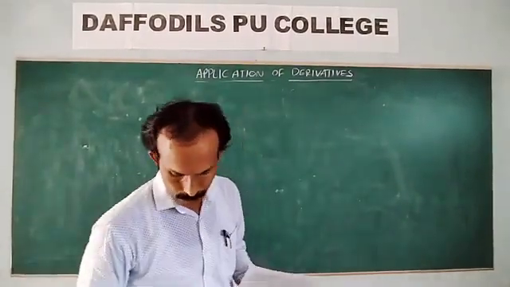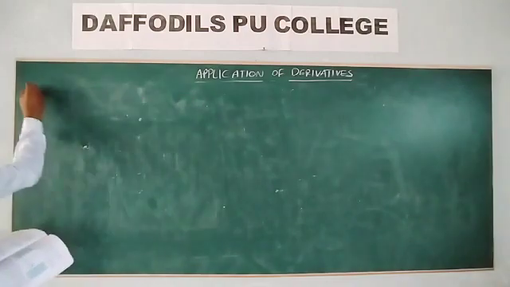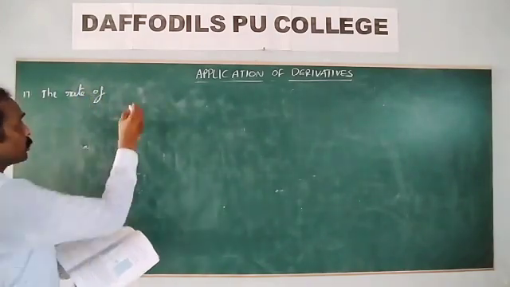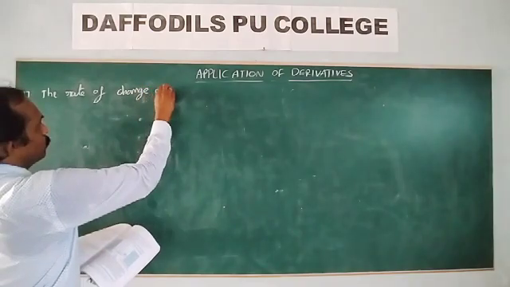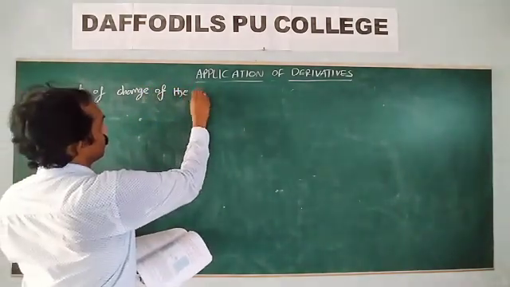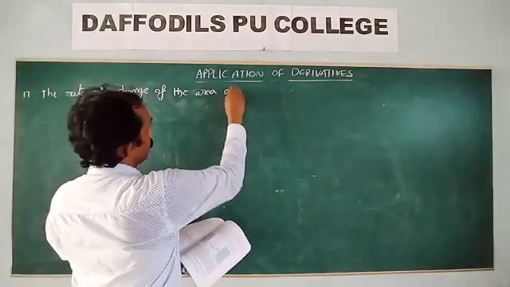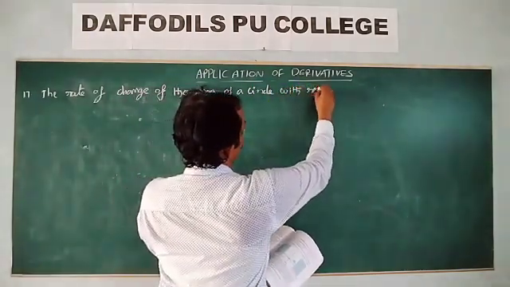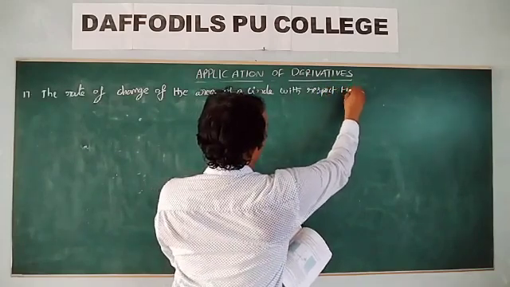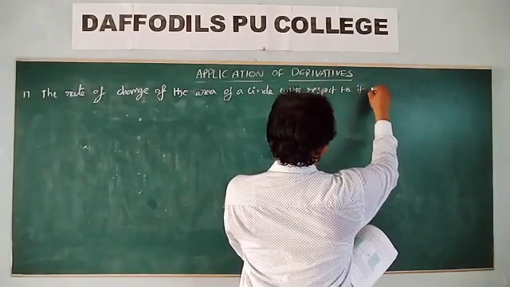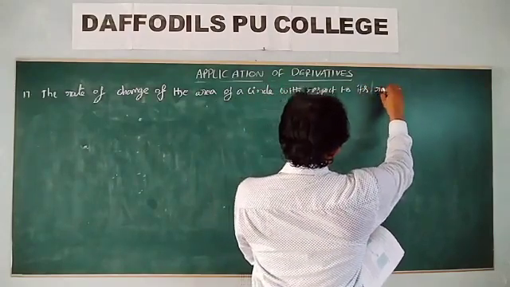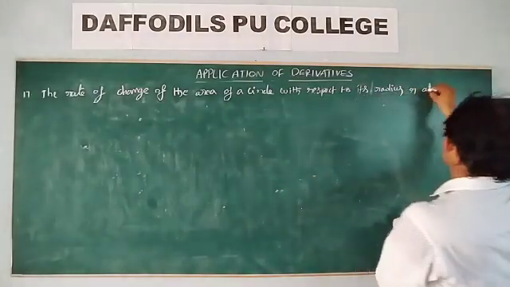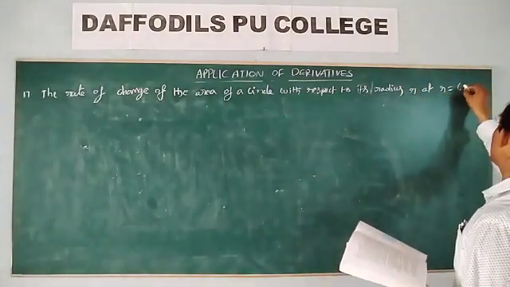Next, 17th problem. The rate of change of the area of a circle with respect to its radius at r is equal to 6 centimeter.